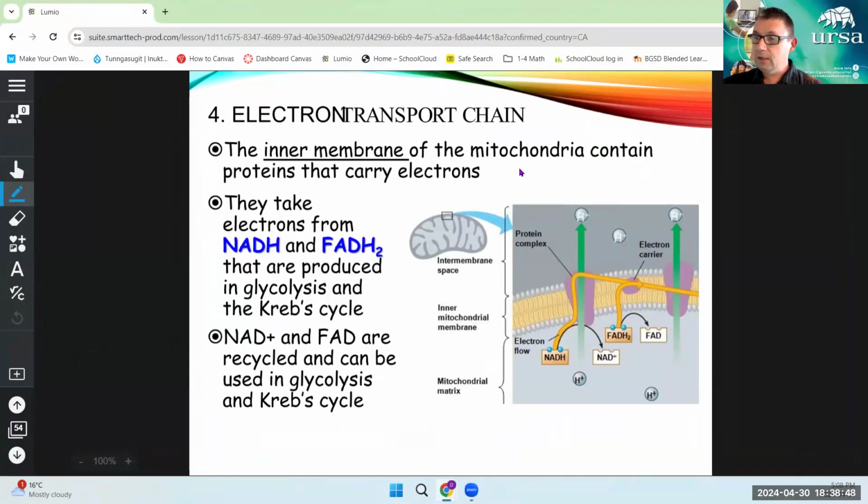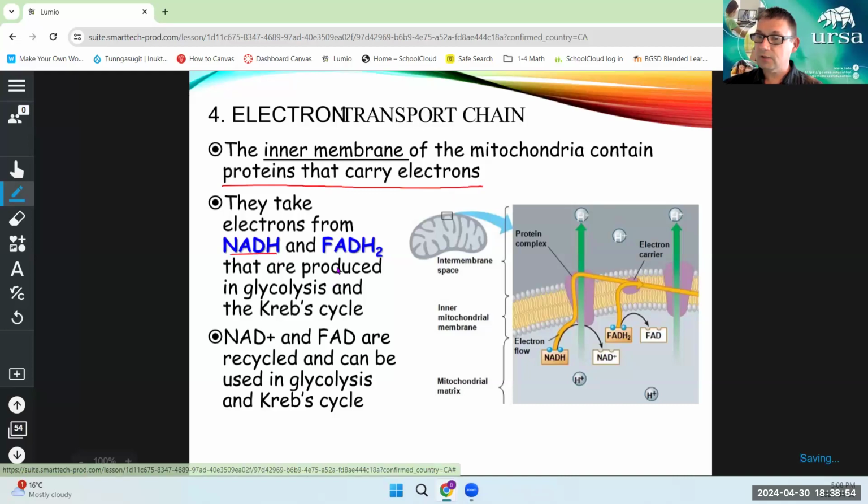Now, the inner membrane contains proteins that carry electrons. They take those electrons from NADH and FADH2 that were produced in glycolysis and the Krebs cycle, and they create NAD and FAD that can then be returned for glycolysis and the Krebs cycle to utilize.